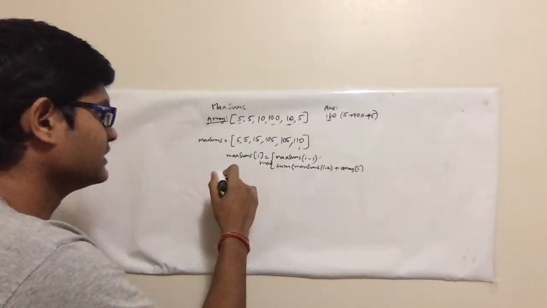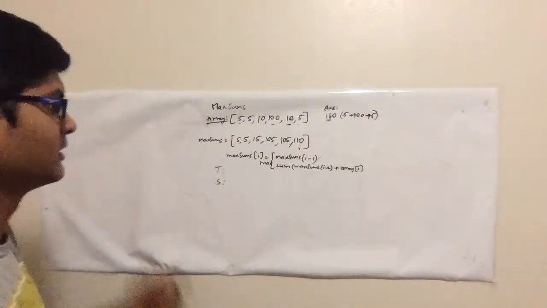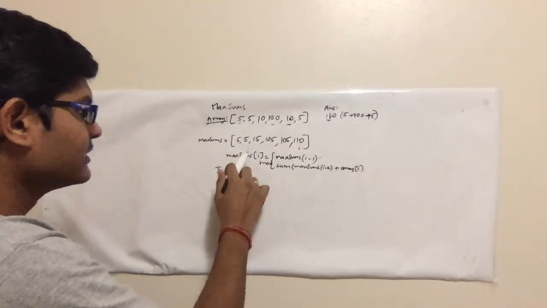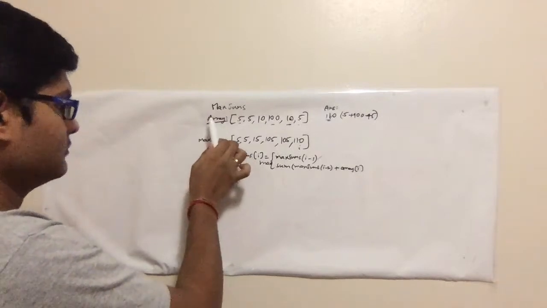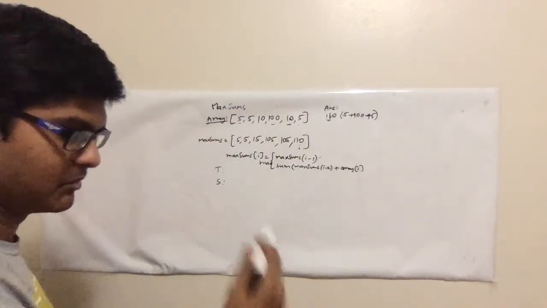Now, what are the time complexity and space complexity? We are iterating through the whole array, so it would obviously be big O of n.